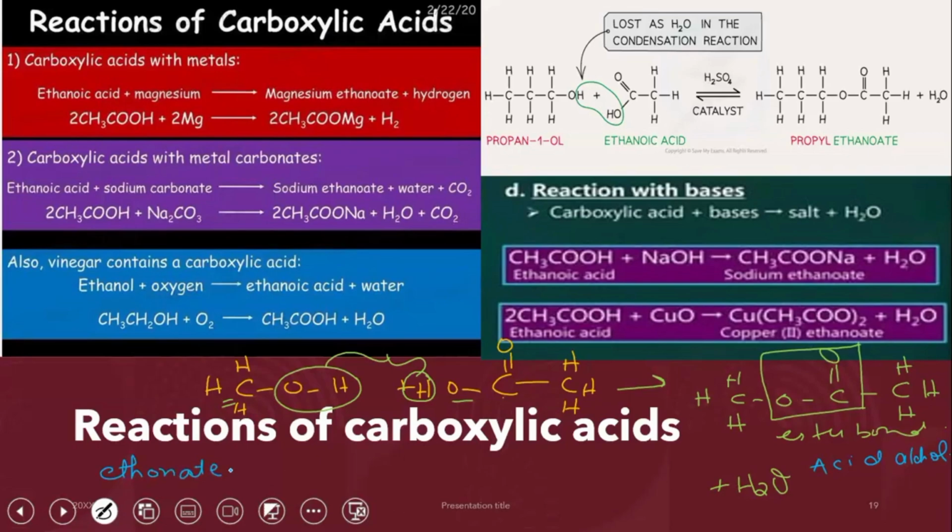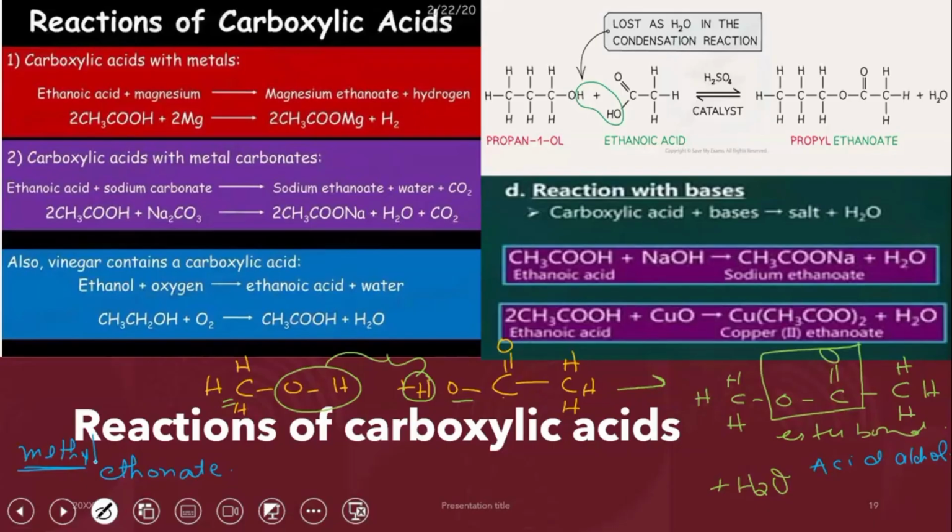Now, the alcohol is written down first, okay? Remember this, the alcohol is always written down first. First, we'll write down the alcohol and then we'll write down the name of the acid. So, my alcohol is a 1-carbon alcohol. So, I will write down methyl and the name becomes methyl ethanoate.